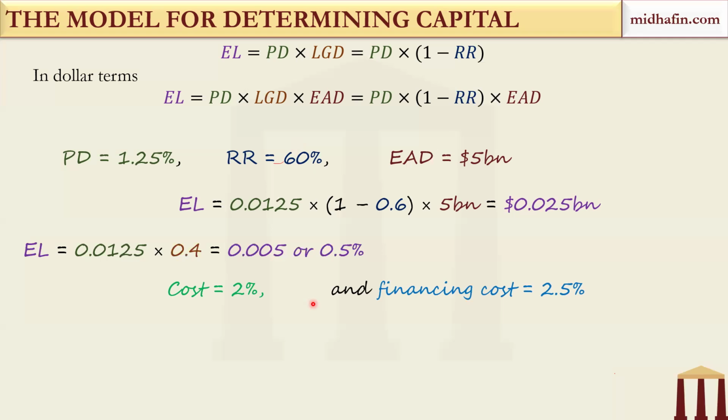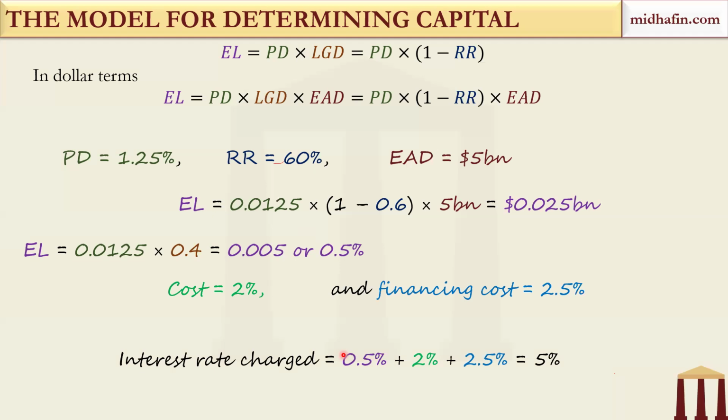So based on these three parameters, what is the minimum interest rate that the bank has to charge to break even? The minimum interest rate charged should be 5%. This is for break even, and of course, there will be some spread above this.